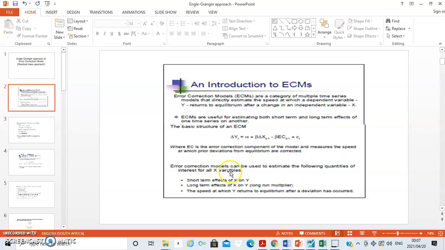And so we can summarize and say this error correction model basically shows us the short-term effects of x on y, the long-term effects of x on y, which is basically the long-run multiplier, and then the speed at which y returns to equilibrium after a deviation has occurred.